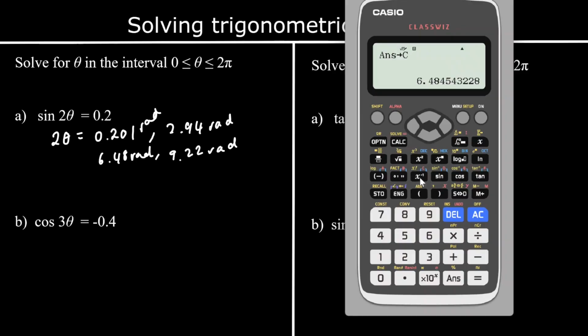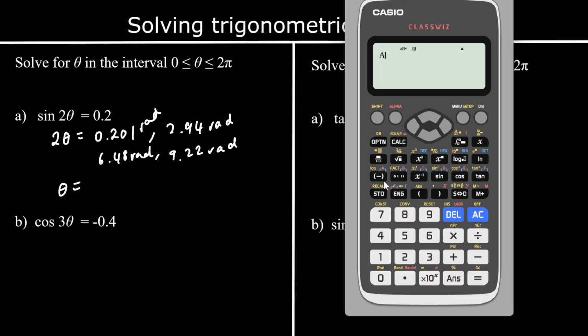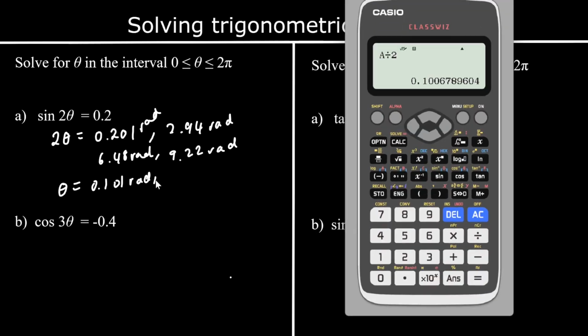We need to half them all for theta. So we've got A over 2, which is 0.101. B over 2, which is 1.47.